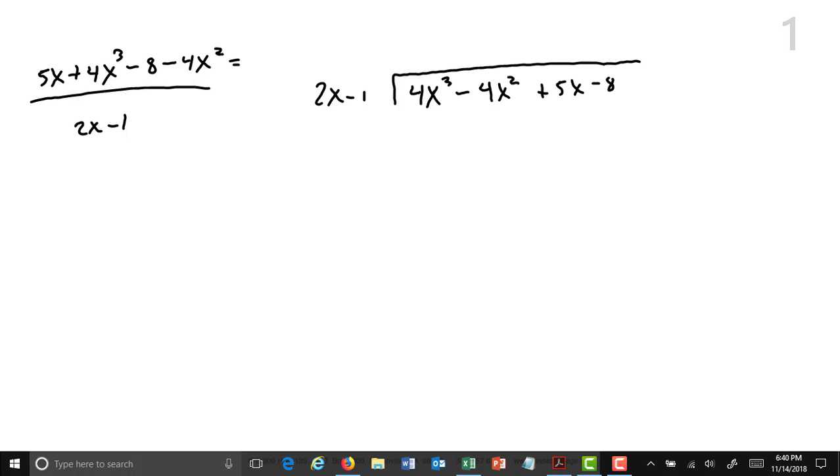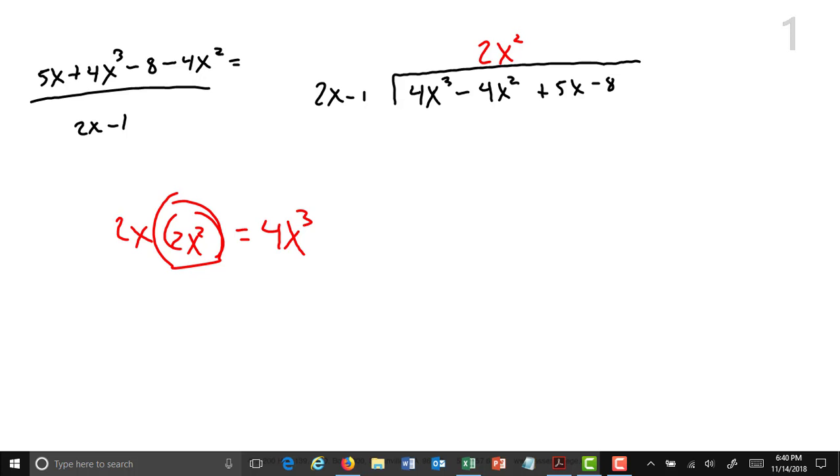What do I have to multiply x by to get x cubed? x squared. So in order to do that, I have to do a 2x squared. Because that's an x squared, you're going to have to put that 2x squared above the x squared term. See it? Not here, but here.